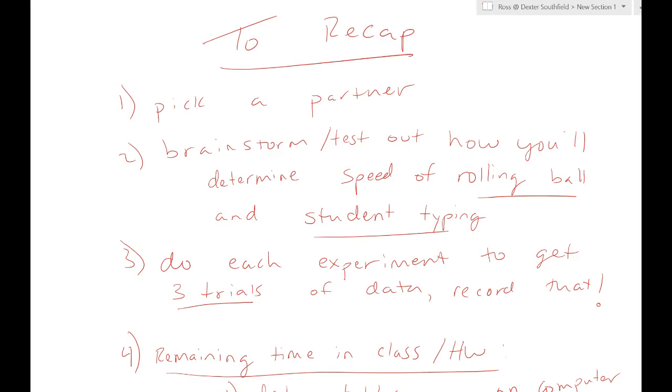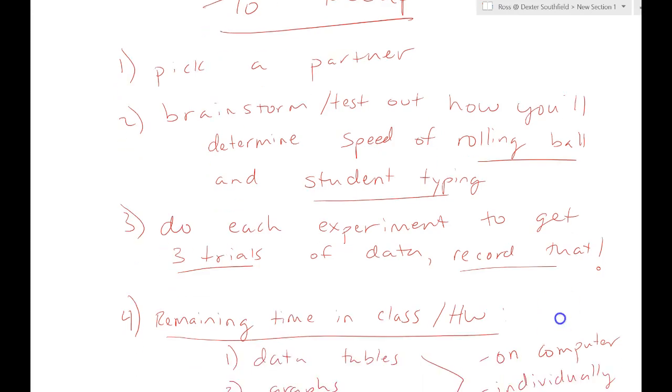Third, do each experiment, meaning the rolling ball and the student typing, to get 3 trials of data from each one. Right? Try 1, 2, 3 of rolling ball and 1, 2, 3 of student typing. And you need to record that information in a data table. So that's not going to take you the whole class. All told, this will probably take you somewhere between 30 and 40 minutes, I would guess.